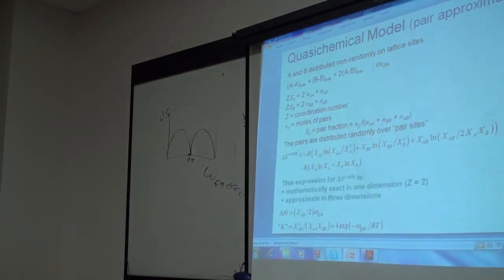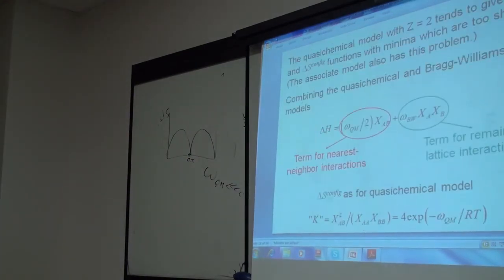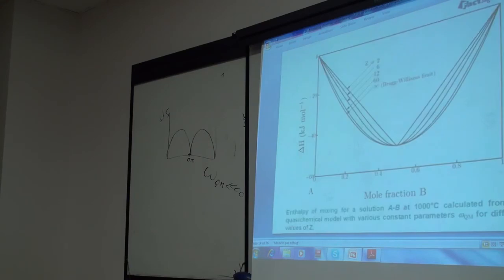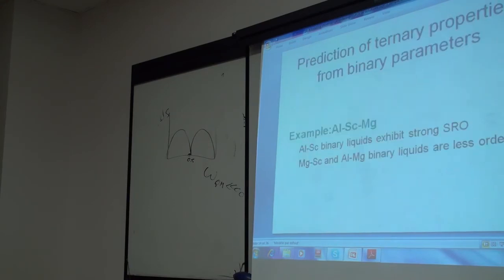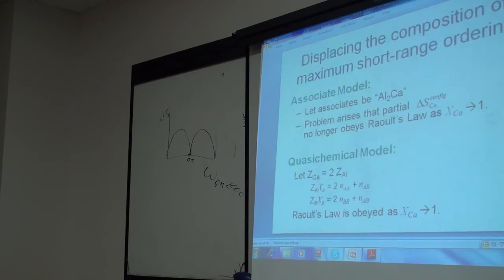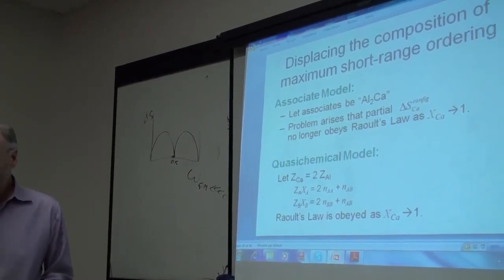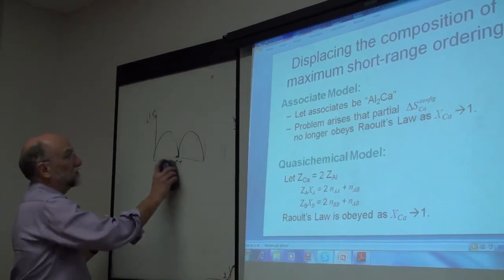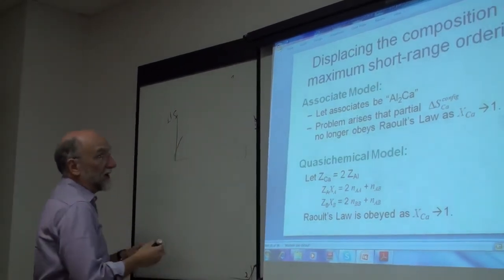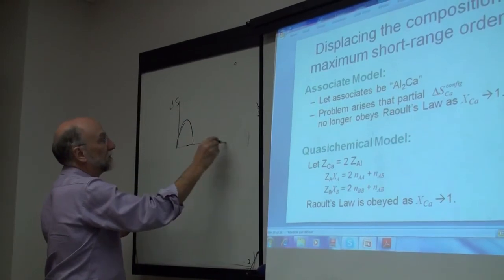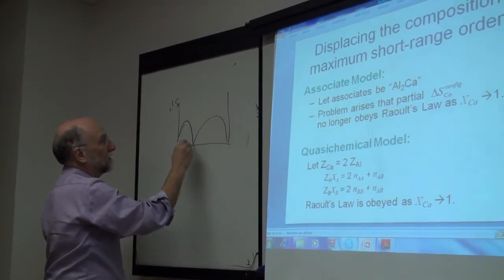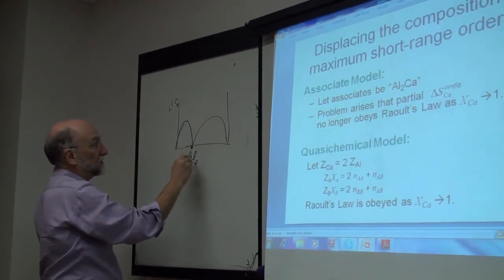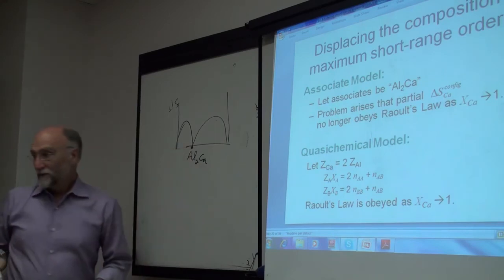What happens now if you take the Z to be different? Let's say you have Z calcium equals 2 Z aluminum. Now you're going to get a minimum here at the composition Al2Ca.